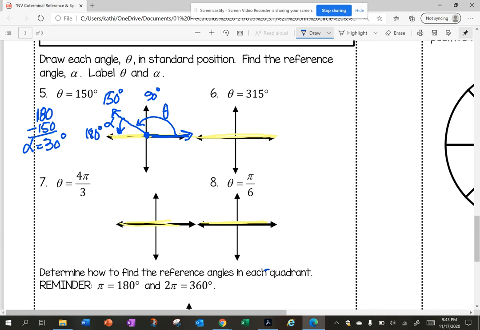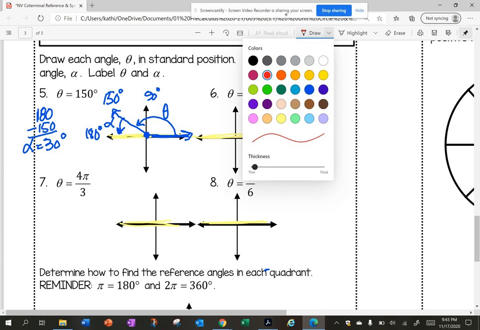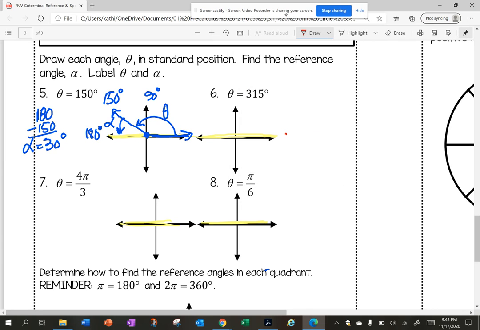All right, let's try the next one, 315 degrees. So I know 0, 90, 180, 270, and 360. I know 315 is in the fourth quadrant here. The angle we plotted is called theta.